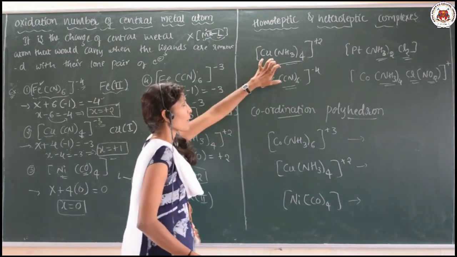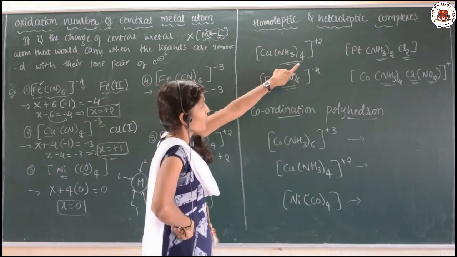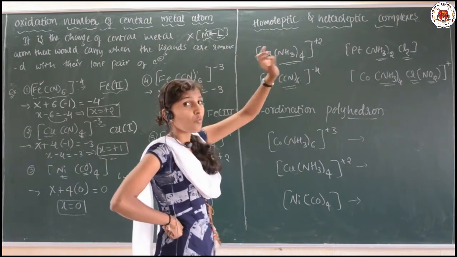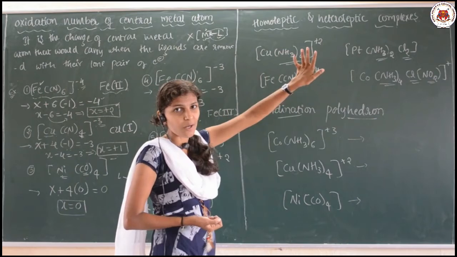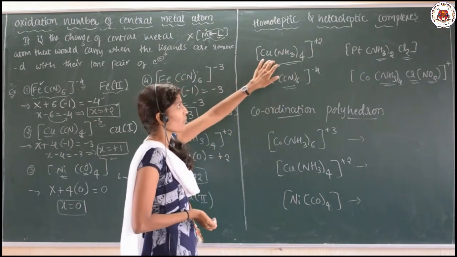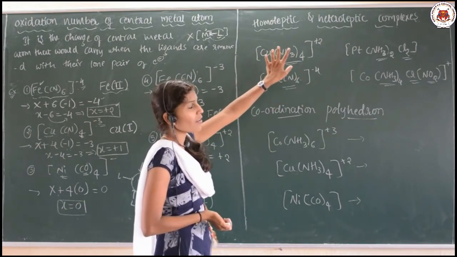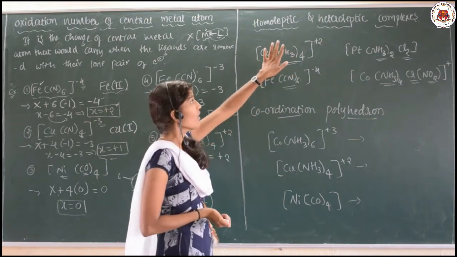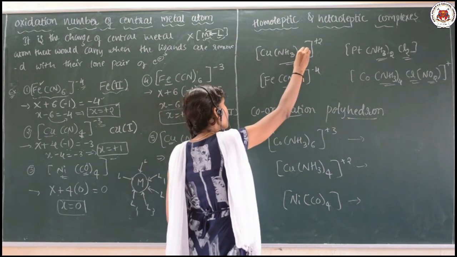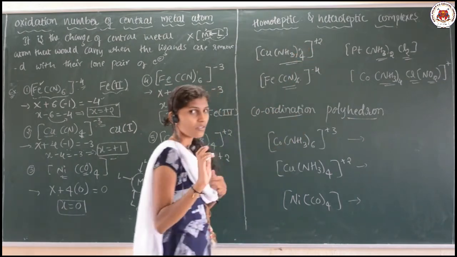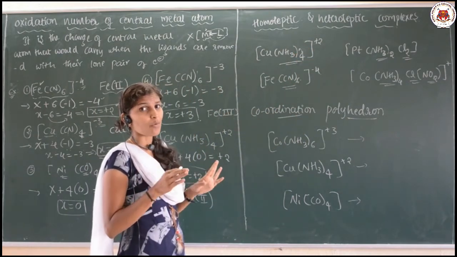In the first complex, how many ligands will be there? 4 ligands are there, but those 4 ligands are similar, only one type, NH3. Totally 4 NH3 are there. Is it homoleptic or heteroleptic? Exactly, it is a homoleptic complex, because all the 4 NH3 are only one type of ligand.